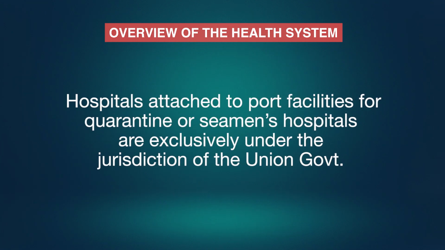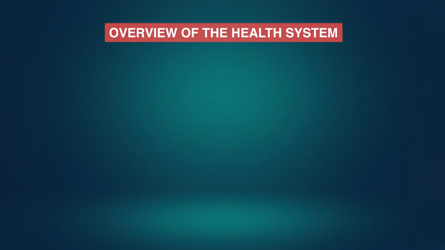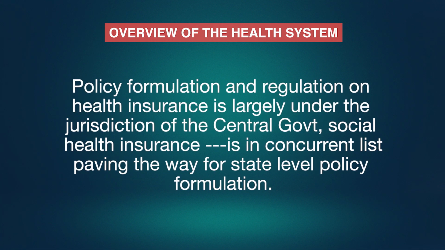Hospitals attached to port facilities for quarantine or seamen's hospitals are exclusively under the jurisdiction of the central government. Policy formulation and regulation on health insurance is largely under the control of the central government. Social health insurance, however, is in the concurrent list, paving the way for state-level policy formulation.